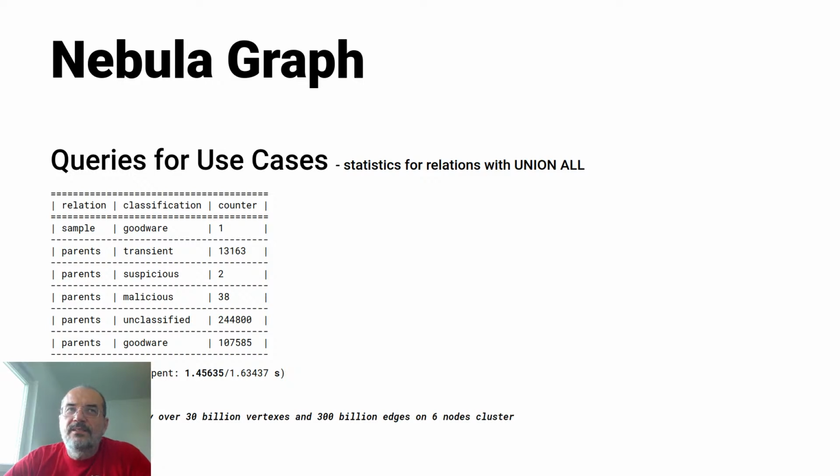You can read everywhere that Nebula Graph is a high performance system, and usually response times are in milliseconds, maybe tens of milliseconds, but we got 1.4 seconds. So with the relational part which has many vertices and edges, you can expect slower response time. But yeah, hey, it's a query over 30 billion vertices and 300 billion edges on a 6 node cluster. So what can you expect.